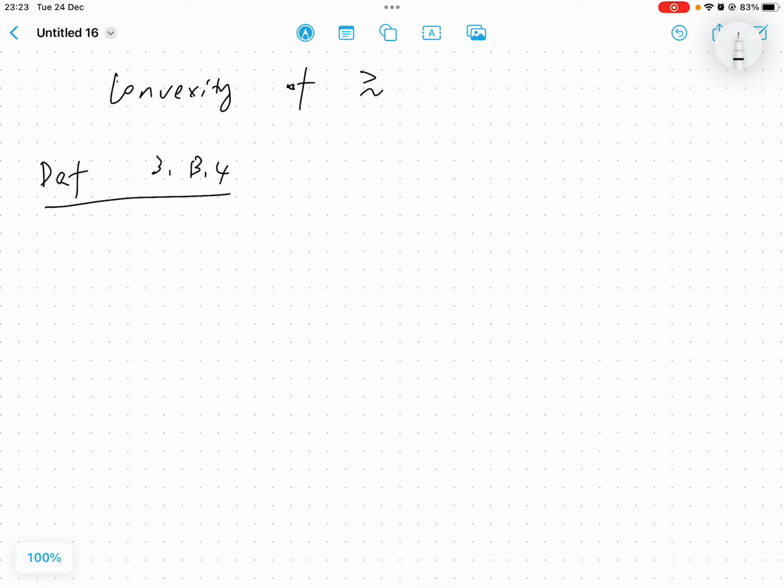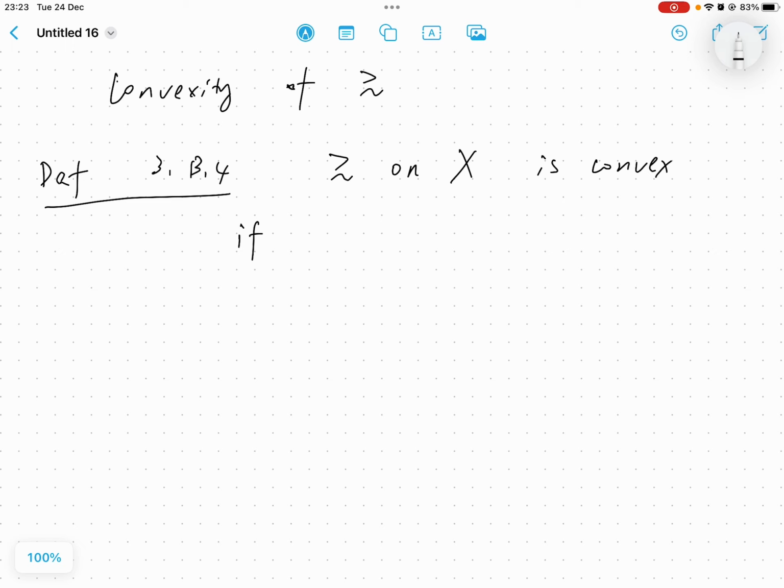We say that the preference relation on a set of alternatives, or a consumption set X, is convex. This is just a convex set, so you can simply think of it as a simple convex set in mathematics.